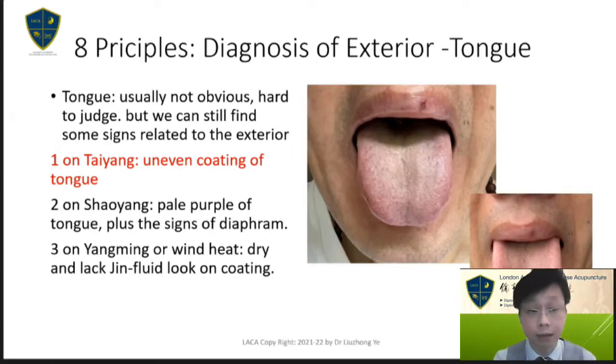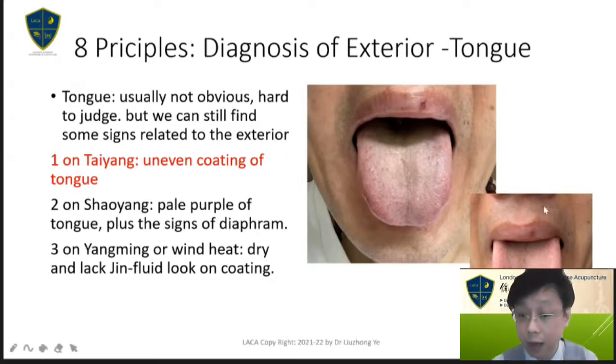For example, for the Taiyang, I normally say it's the uneven coating of the tongue. You can see the gentleman's tongue, and the coating looks greasy, but beside the look of greasy there is actually an uneven surface. Some parts of the coating are thicker, some parts thinner. This is actually a look of the beginning of an exterior condition.